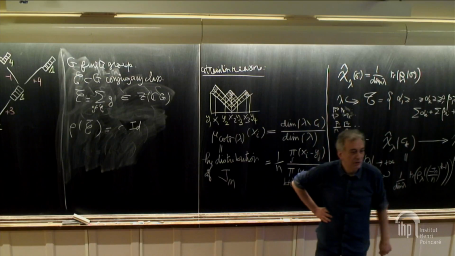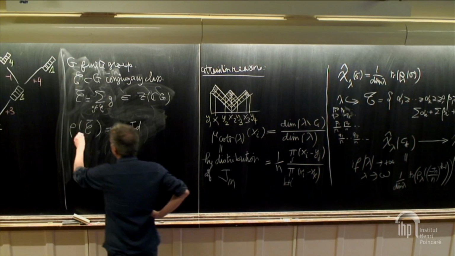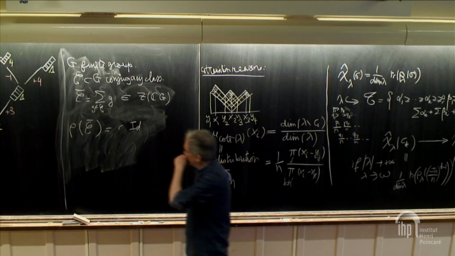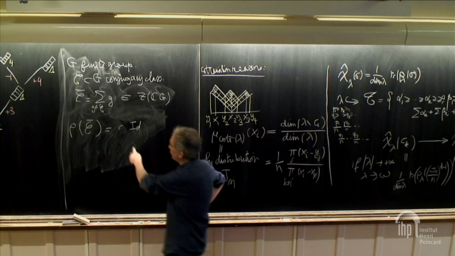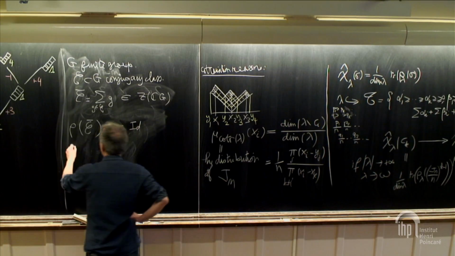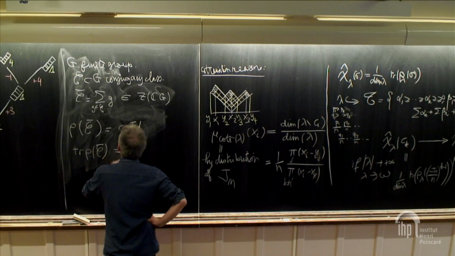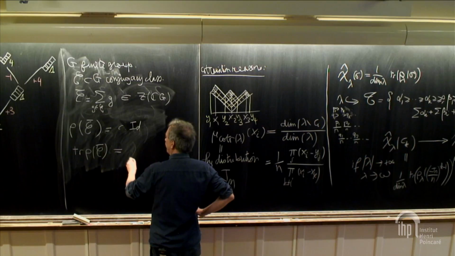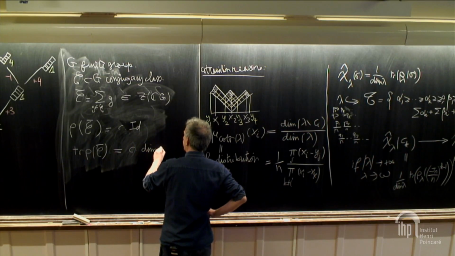Because it commutes with the image of an irreducible representation, by Schur's lemma. Okay. So how do you compute c? Well, if you want to compute c, you just compute the trace on both sides of this equation. So the trace of rho of C bar is equal to c times the dimension of the representation rho.